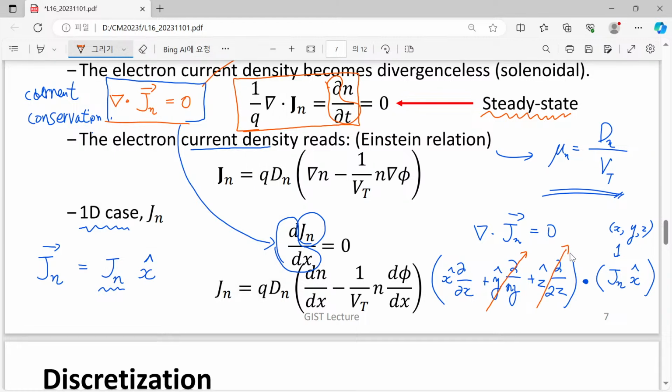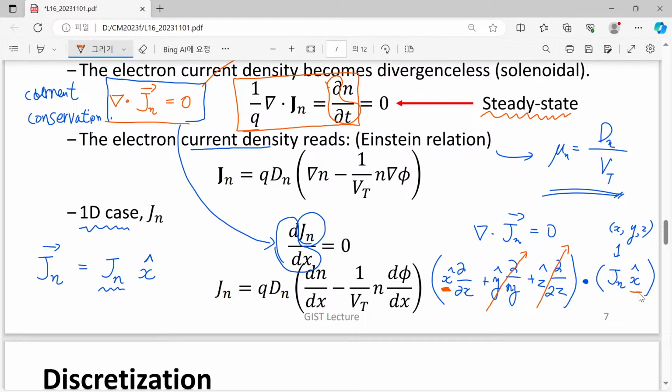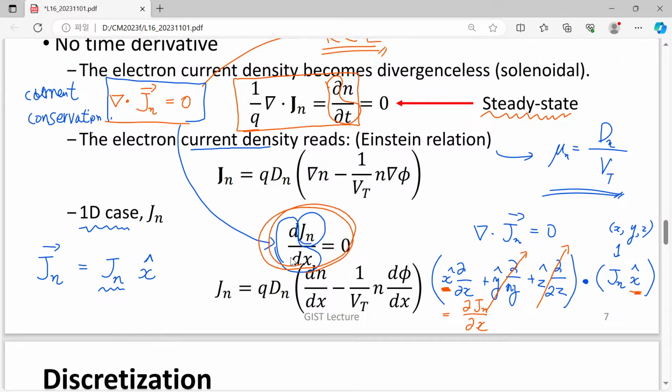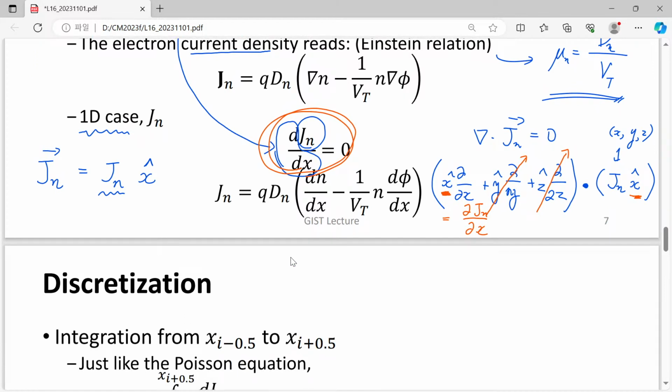This one goes away. And here we have a unit vector aligned to the x direction and a unit vector aligned to the x direction. They are just merged into the unit quantity, and the remaining thing is just the partial derivative of J sub n over x. That's the reason why we finally have this reduced form in the case of a one-dimensional structure. Okay, so it's not that difficult, and now let's consider the current density.